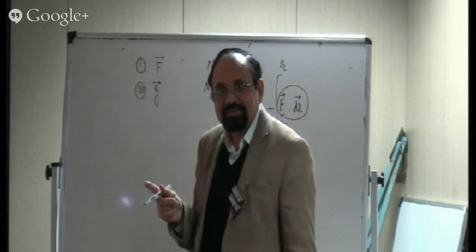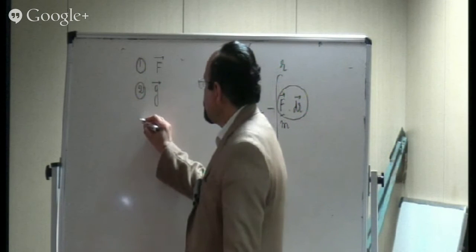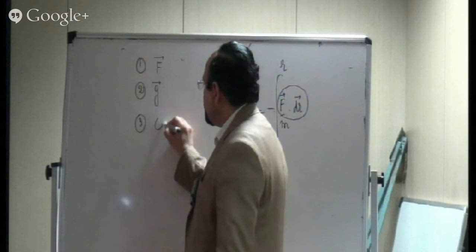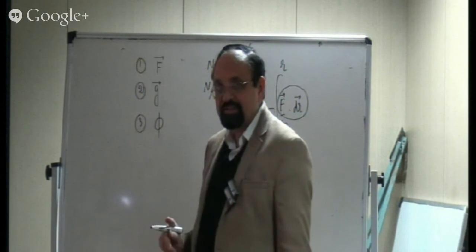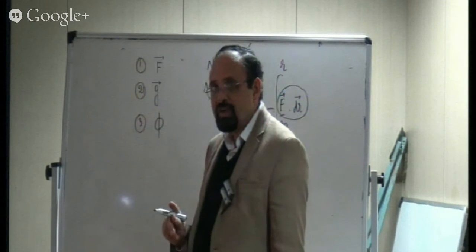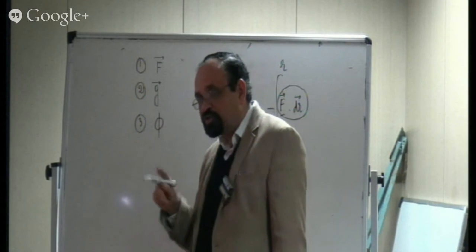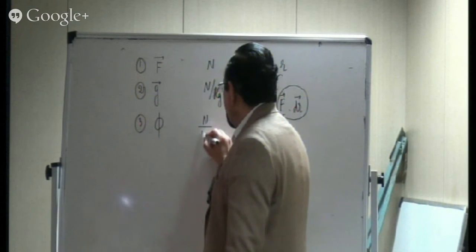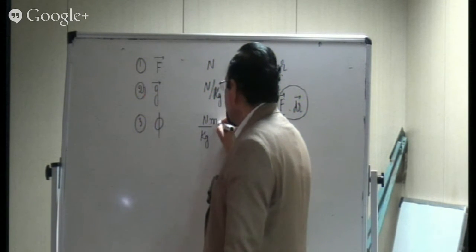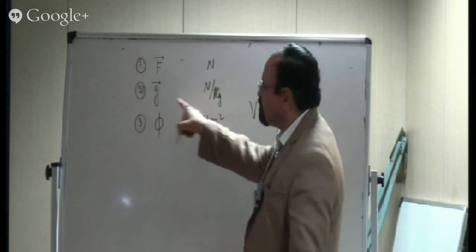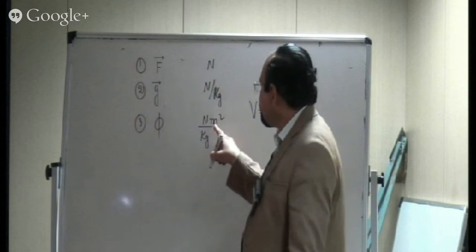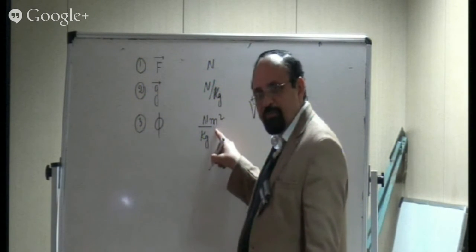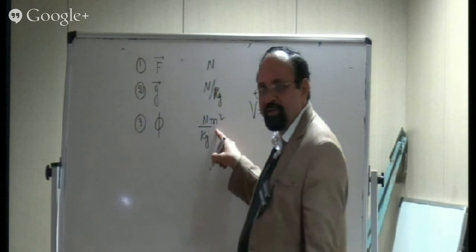Per unit mass. Third, gravitational flux. Since it was gravitational field into surface area, this was Newton per kg meter square. Newton per kg because of this g, and the surface element because we have the unit meter square.